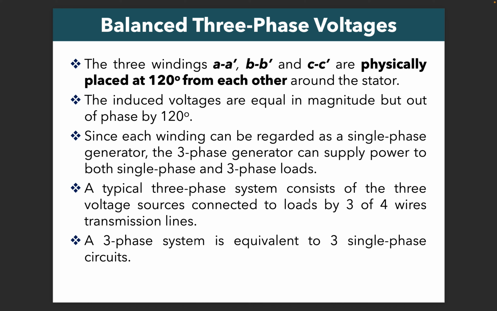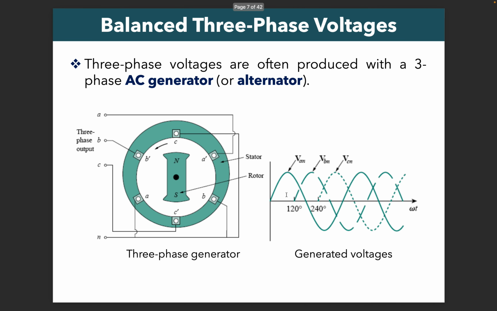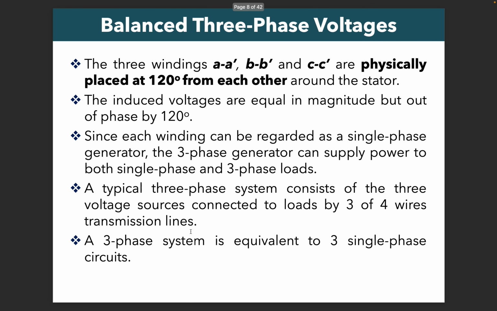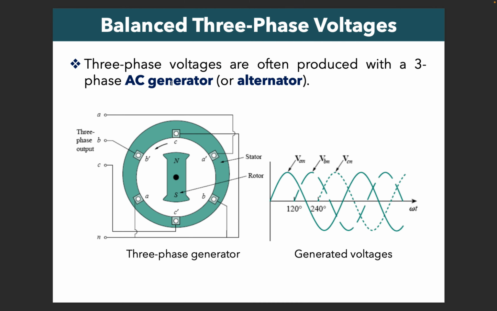So the three windings, A to A', B to B', and C to C', the windings on the AC generator are physically placed at 120 degrees from each other around the stator.